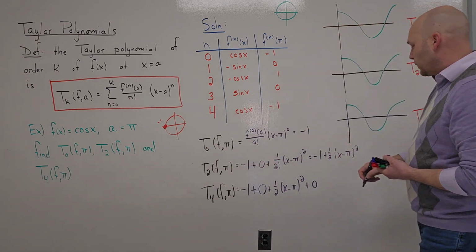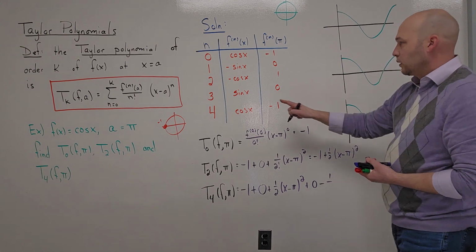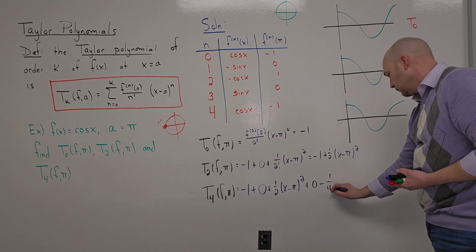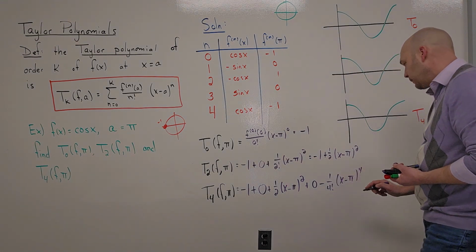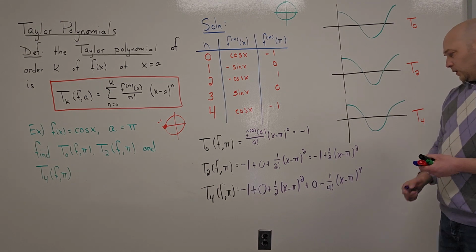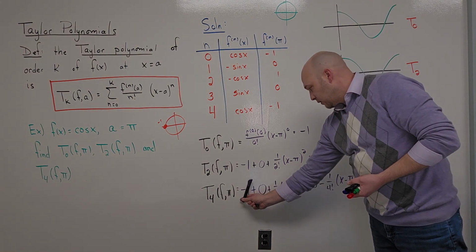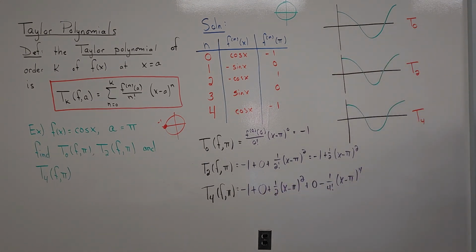And then the last term, when n is 4, would be minus 1 over 4 factorial times x minus pi to the 4th. When you rewrite this, you'll just drop off the zeros, but you're going to have the first term, this term, and this term.